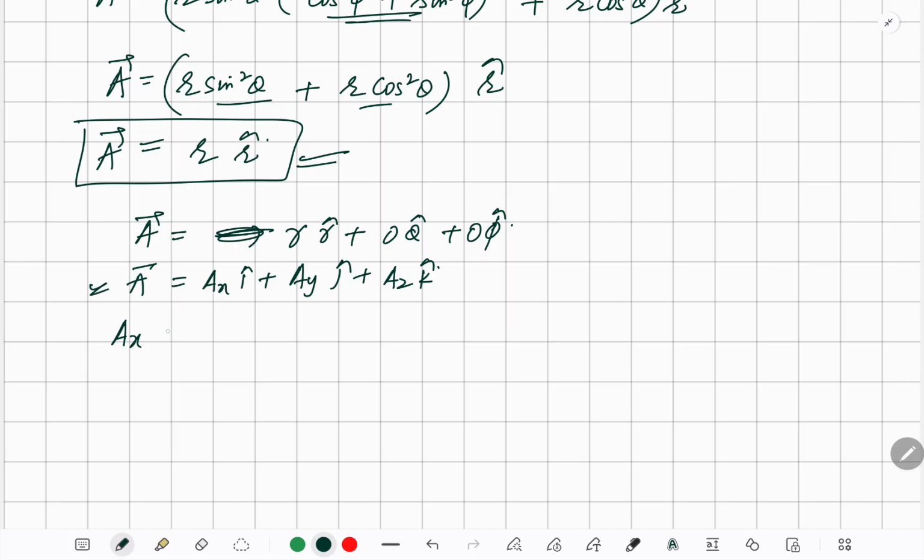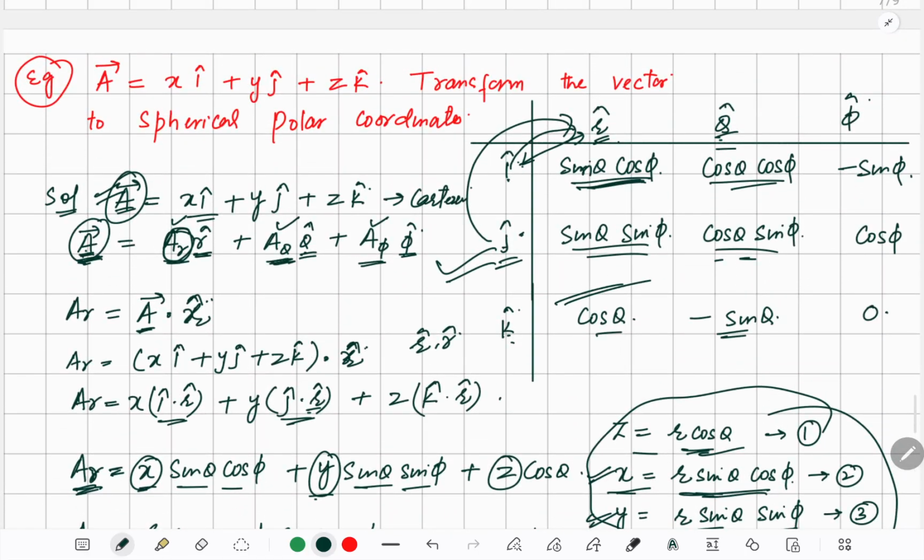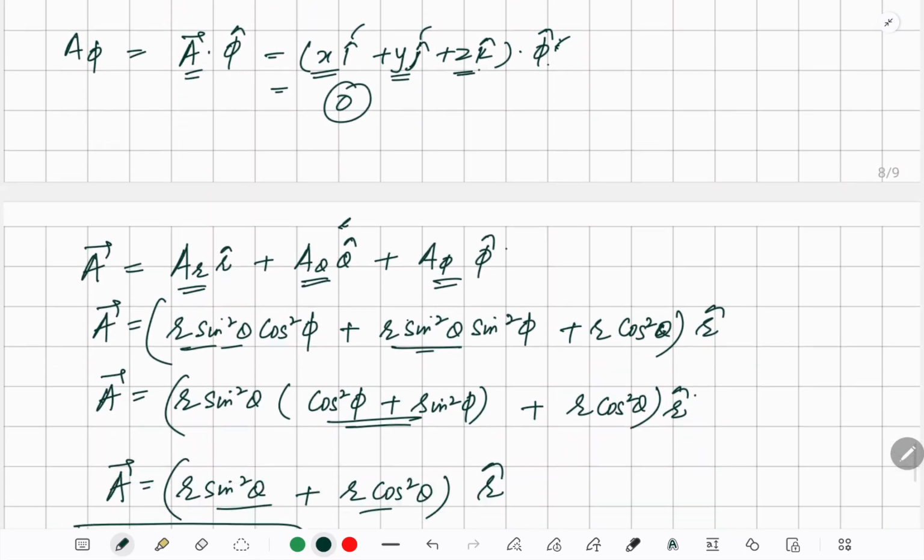You can find ax as a dot x cap, and using this vector, do the dot product with this thing. So you'll get r dot x cap using this whole thing, and you would be able to find it.